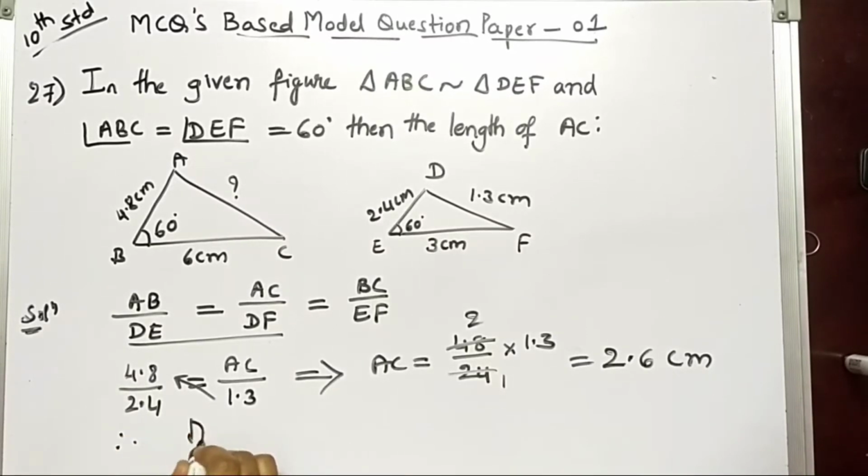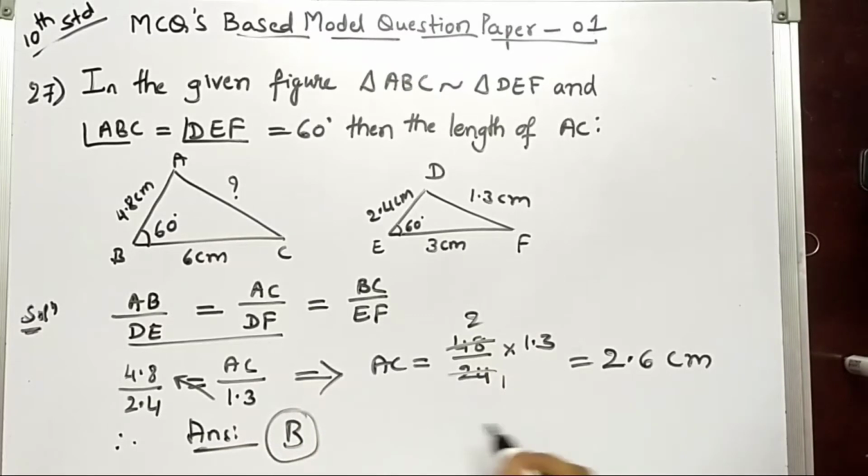So option B. So length of AC is 2.6 centimeter.